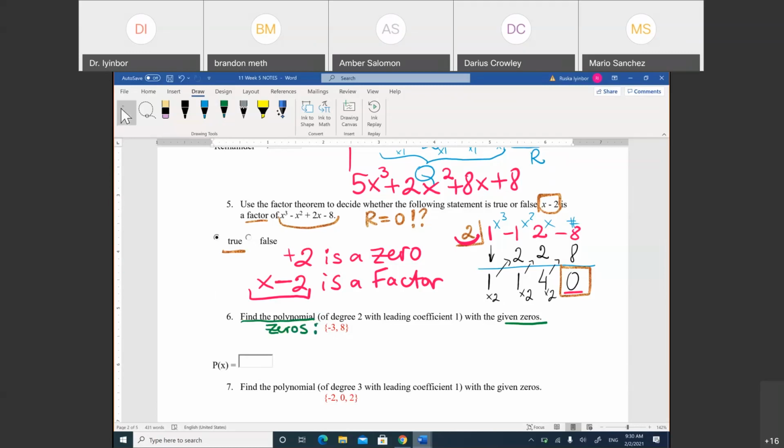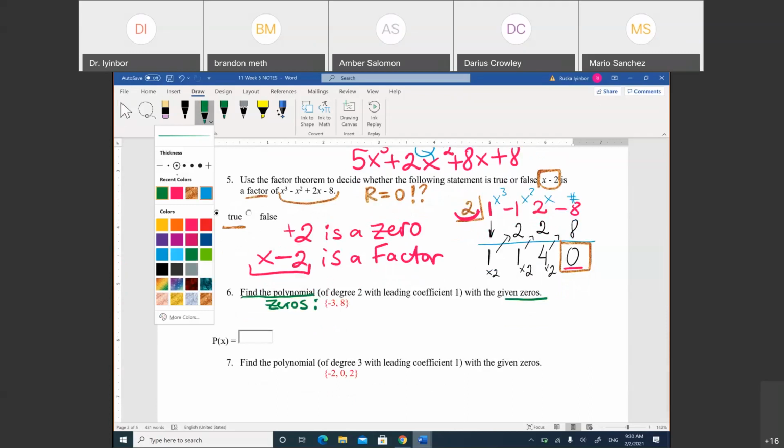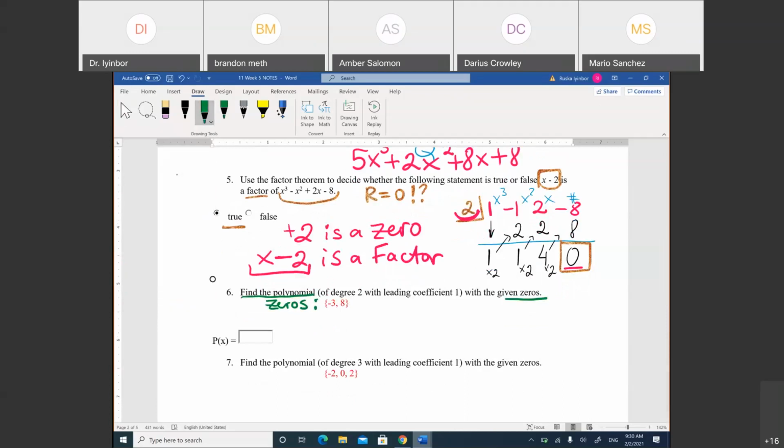That means if I have my little table, and if I put negative 3 in front of the table and I calculate it, I'm going to get remainder 0, right? If I put 8 in front of the table, the remainder also is going to be 0, yes? That's what that means, okay?